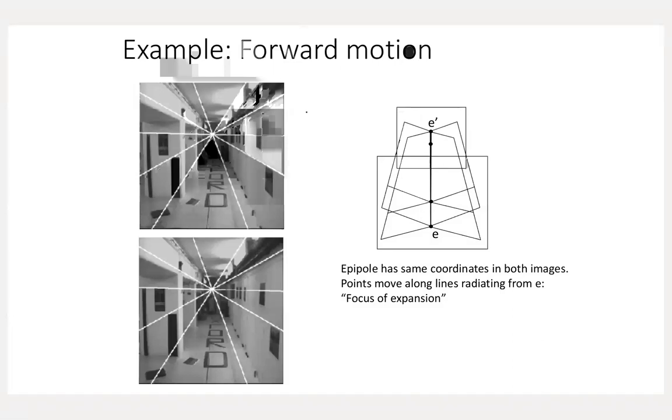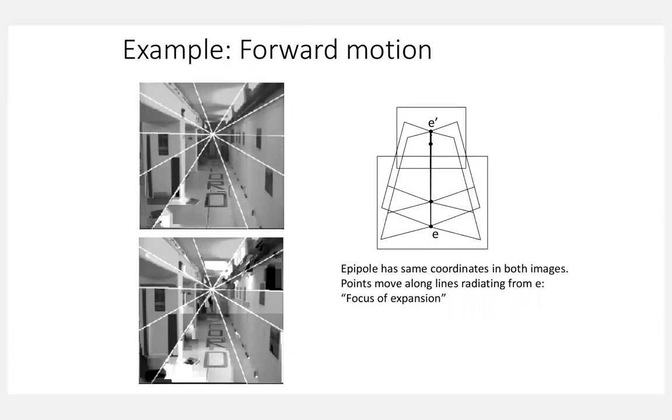And this is another example of a camera setup: if one camera is in front of the other camera, and you draw the line connecting the two camera centers, then the epipole will be exactly in the center of the image here. Right?